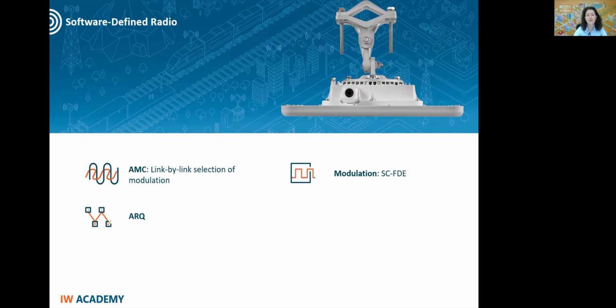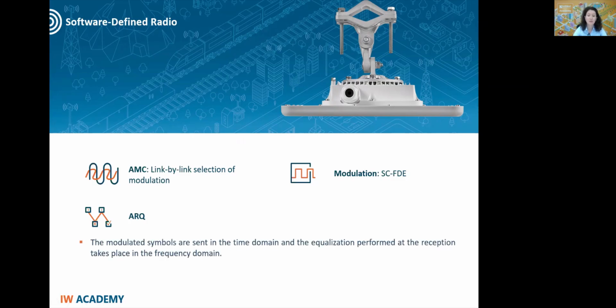Next, Quanta 5 uses the single carrier frequency domain equalization modulation for transmitting the data. The modulated symbols are sent in the time domain on a single carrier, and the equalization performed at the reception takes place in the frequency domain.